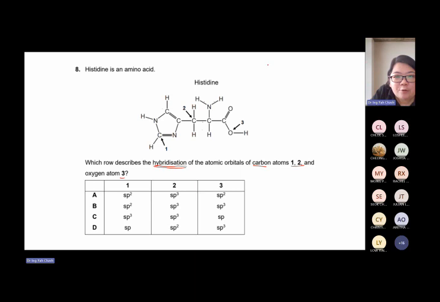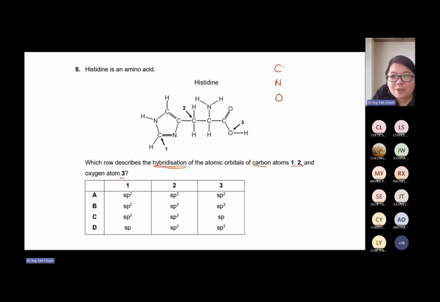Now let me give you a rule to make this faster. For carbon, nitrogen, oxygen, your syllabus will only talk about hybridization of these three elements. They are all the same.